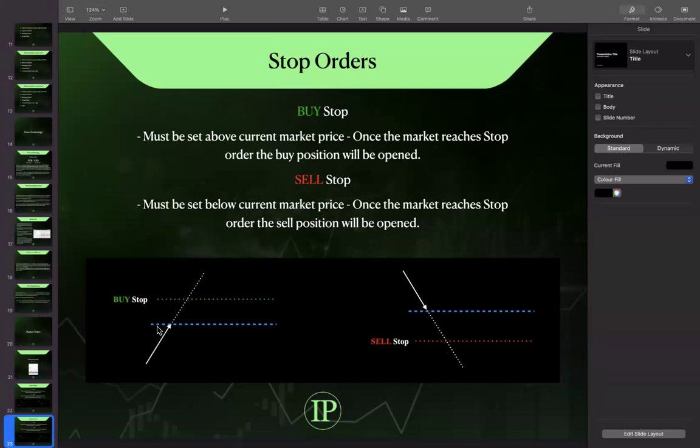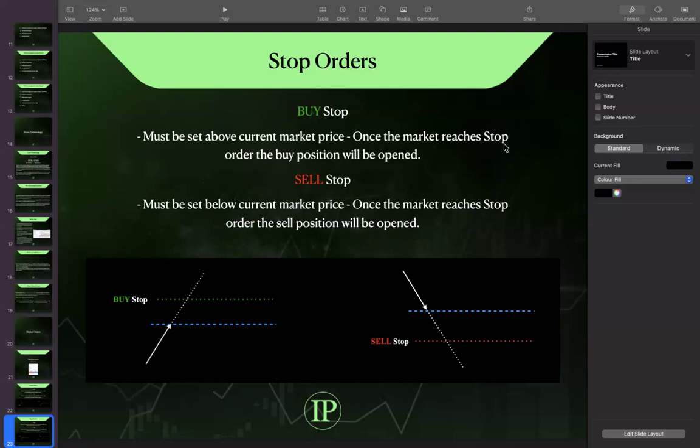Now, a buy stop order must be set above current market price. So if the blue line is where the market currently is, you need to place your buy stop order above it. If here it is 1900, there it needs to be 1950, okay? That's where you are allowed to place your order.